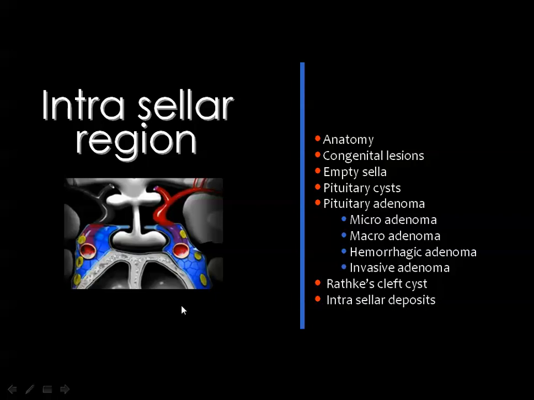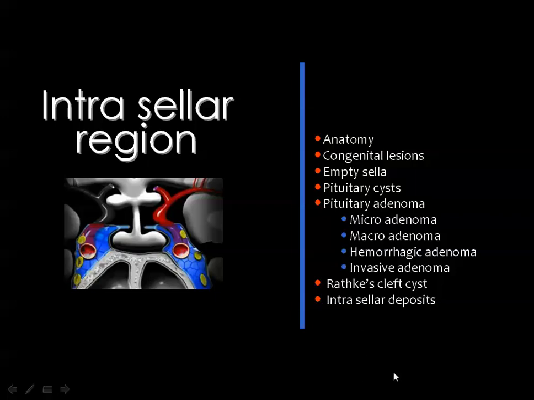And we have discussed the infrasellar pathology whenever we discussed the imaging of the paranasal sinuses. And you know, the sellar floor is intimately related to the roof of the sphenoid sinus.